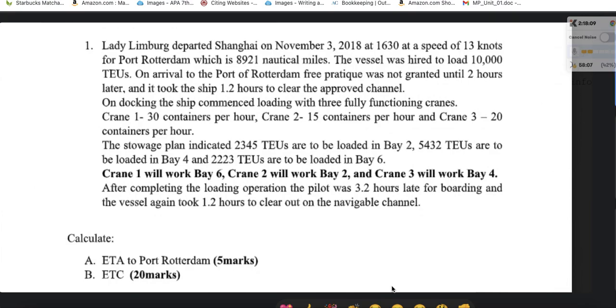Alright, so you're going to divide those now. 8,921 divided by 13 is equal to what? 686.23.